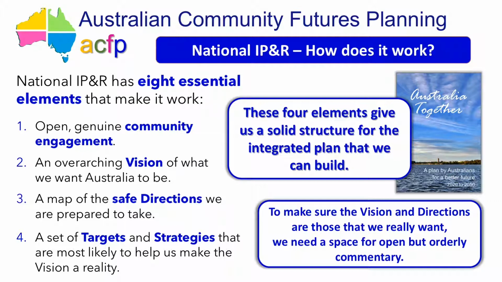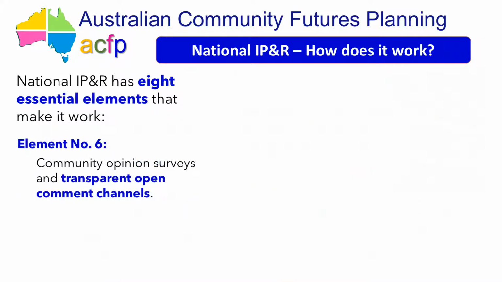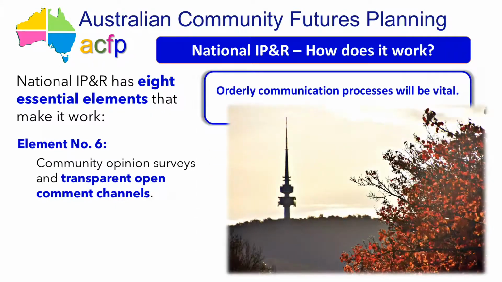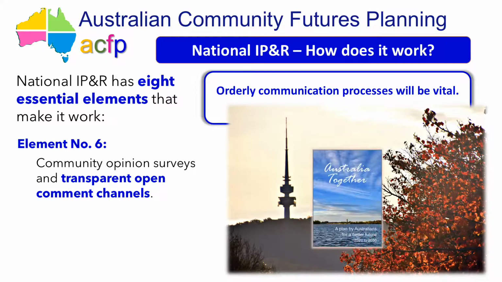This is where element number 6 comes in. Ongoing community opinion surveys and orderly comment channels about what should be going in and out of the plan as time passes. These are necessary to continuously check support for each iteration of Australia Together, and they're necessary to seek suggestions on how to make it stronger over time.